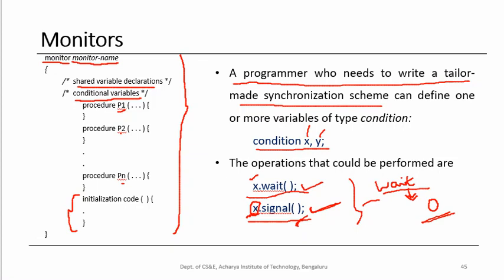So these wait and signal operations which I am talking about here are completely different from the wait and signal operations that we talked about when we discussed semaphores. Now let me show you the schematic representation of a monitor. Bear this structure in mind and then look at the schematic representation which I am going to show you now.